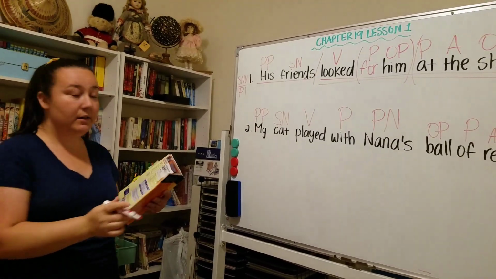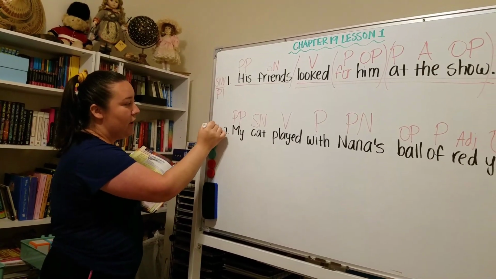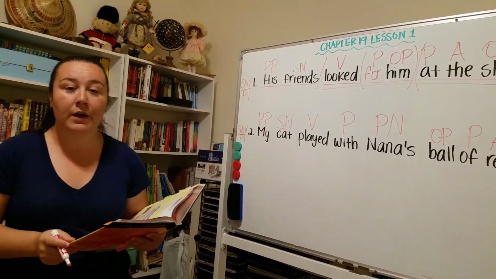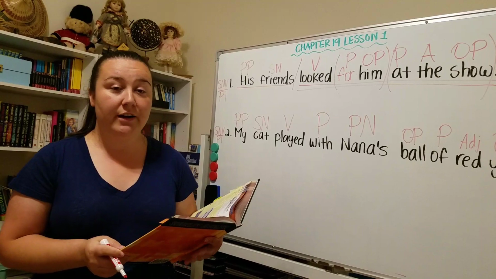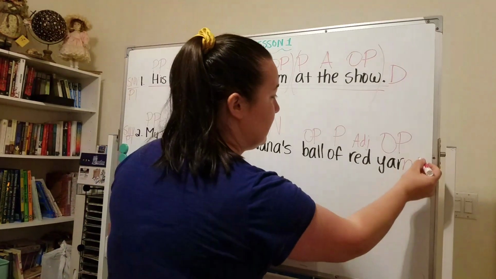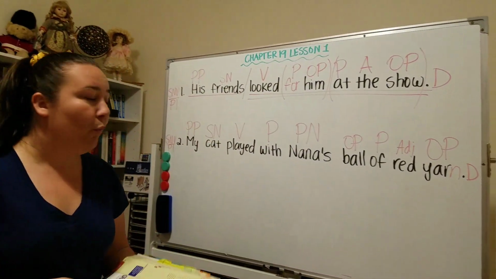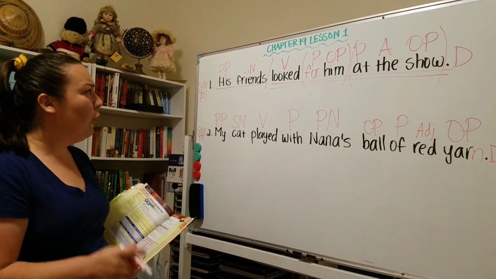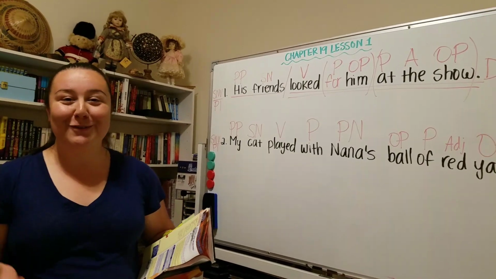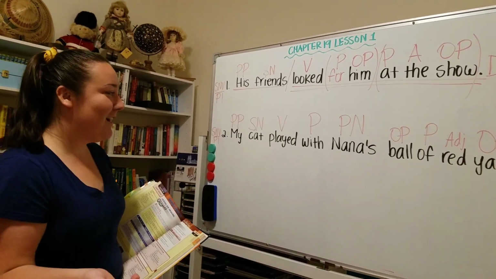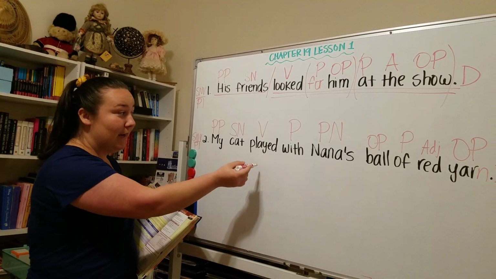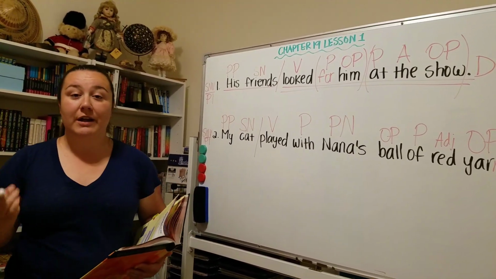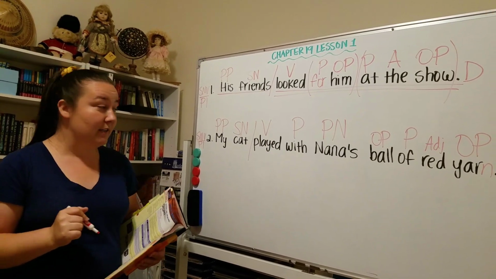Sentence pattern: subject, noun, verb. Pattern 1. And mark flow: period, statement, declarative sentence. D. Where do I put the forward slash? The forward slash would go between cat and played, or subject, noun, and verb. What do I underline once for complete subject?